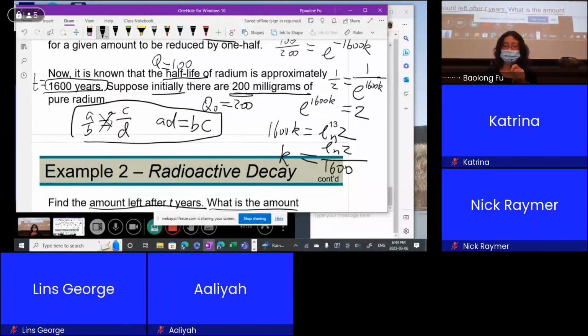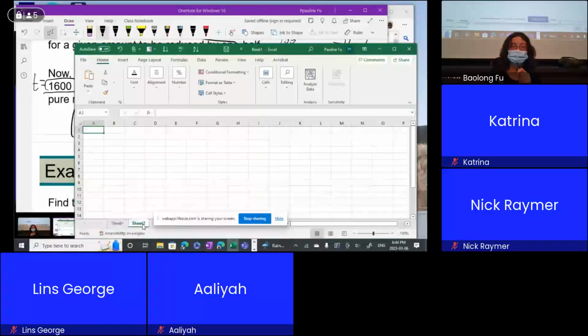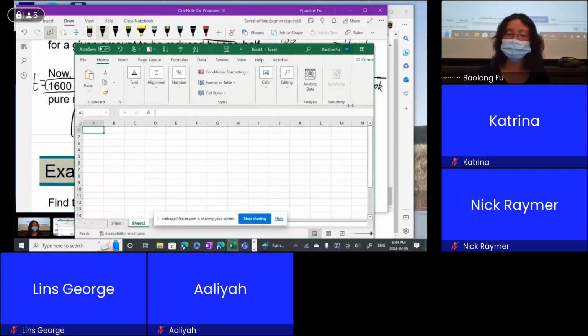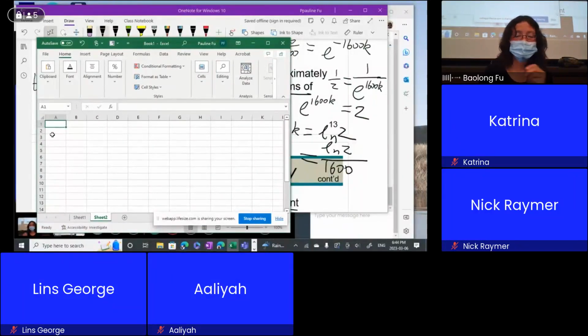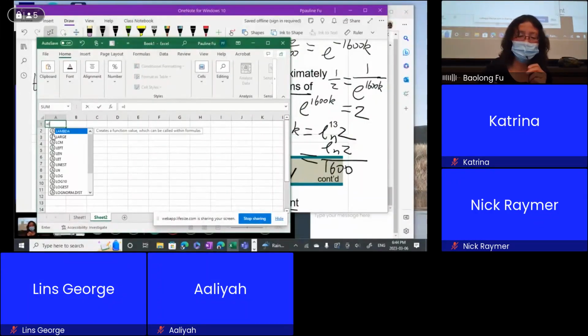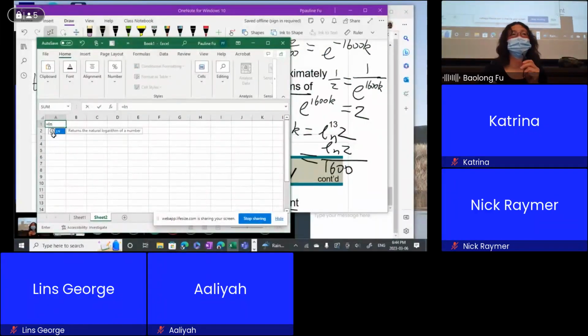But how do I know the exact number for ln 2? In Excel, you type ln. ln means log, logarithm based on e. I need ln 2, and then divided by 1600.